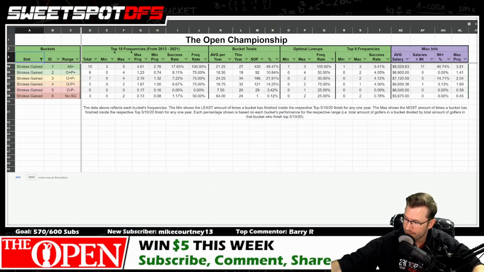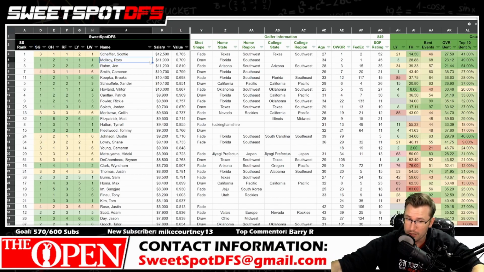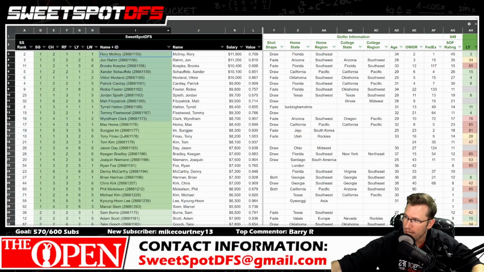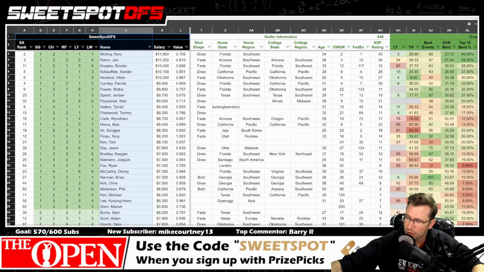But for lineup building, go into the cheat sheet, which you can find a link to in the description below, and sort by strokes gain stats. Everything is color coordinated for names. So what you're going to see is the name to go with all of these buckets. They're all color coded, all based off the strokes gain buckets. So you don't even have to know what the strokes gain buckets are. You just need to know what identifies each of these golfers.